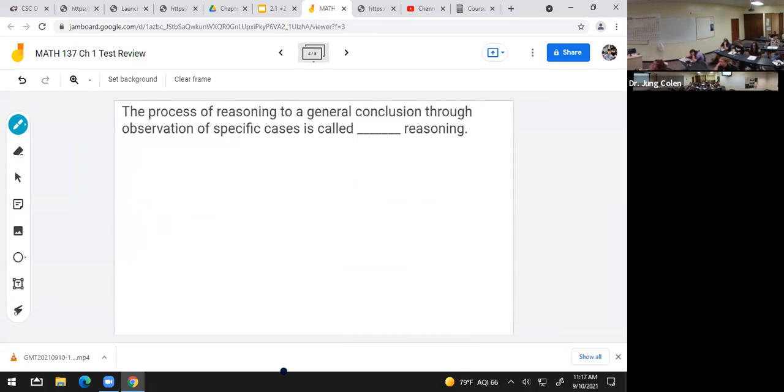The process of reasoning to a general conclusion through observation of specific cases is called inductive or deductive. Okay, let's go there again. The process of reasoning to a general conclusion from specific cases. What is it? Inductive reasoning.